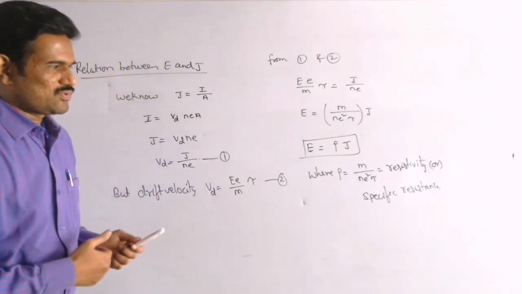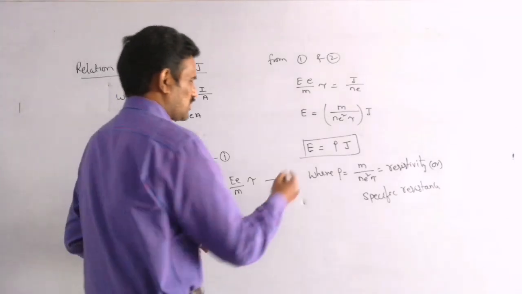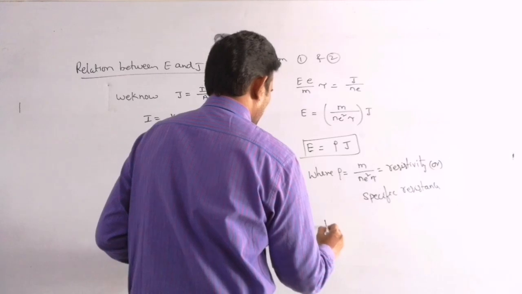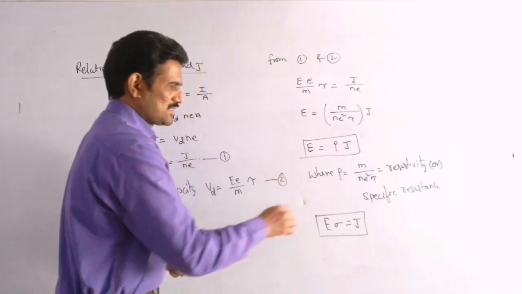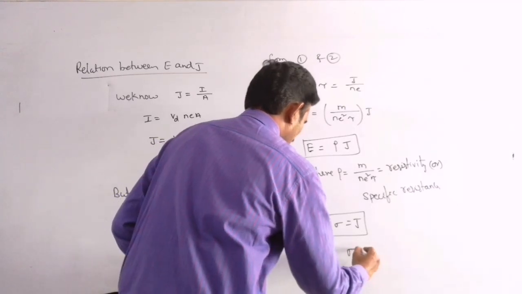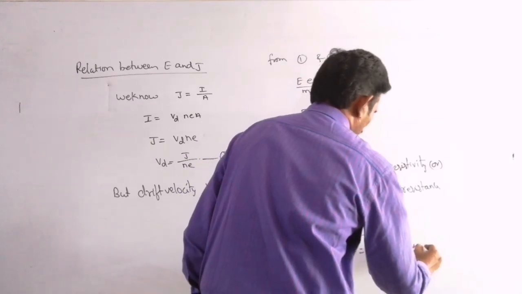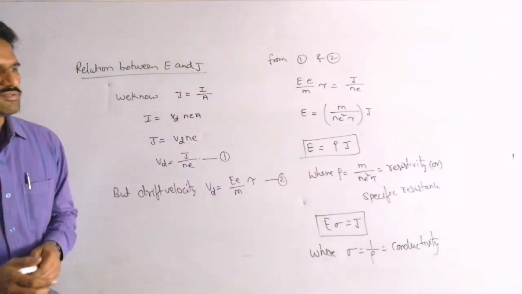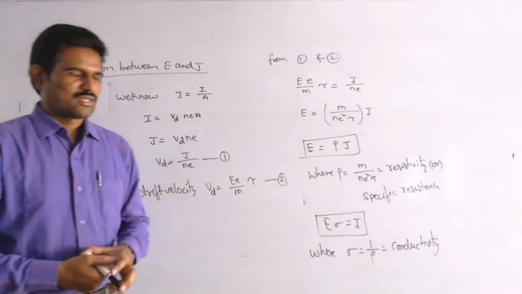Sometimes we express this in reverse order: the reciprocal of resistivity is called conductivity. So the equation can also be expressed as E into sigma is equal to J, where sigma is equal to 1 by rho, the reciprocal of resistivity, which we call conductivity.